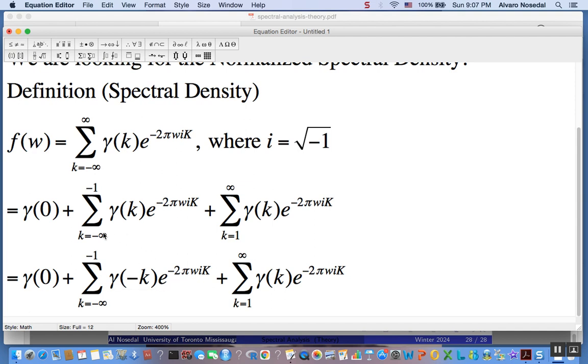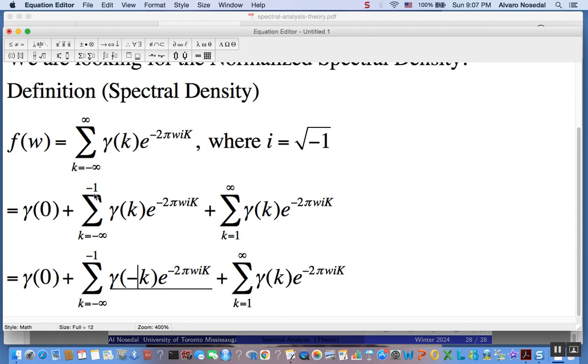And now note something: when k equals -1, you would have -k times 2 pi i w, so you would have positive k.